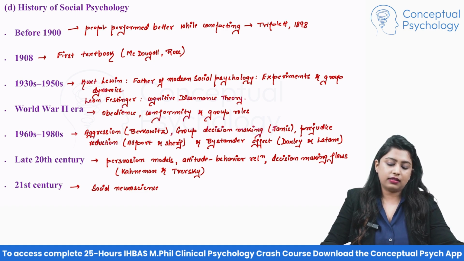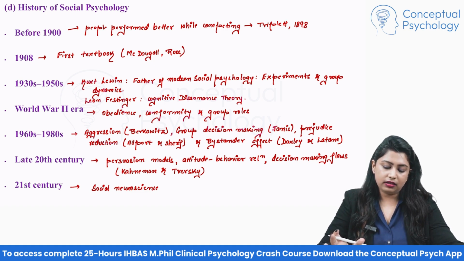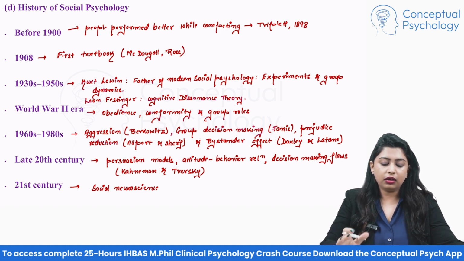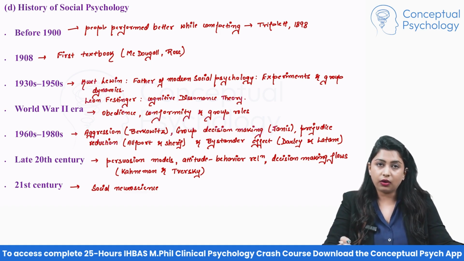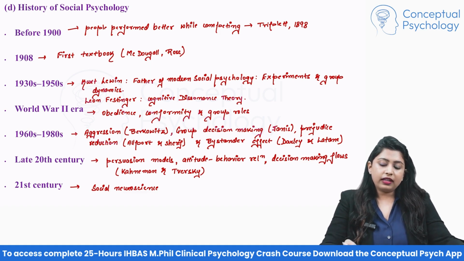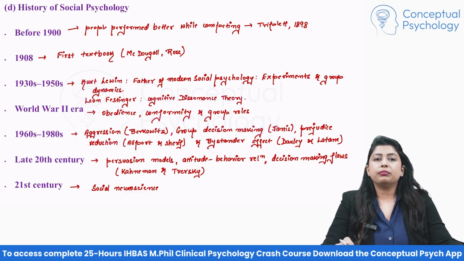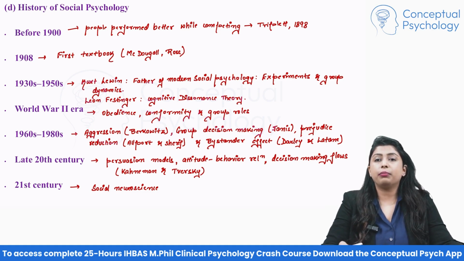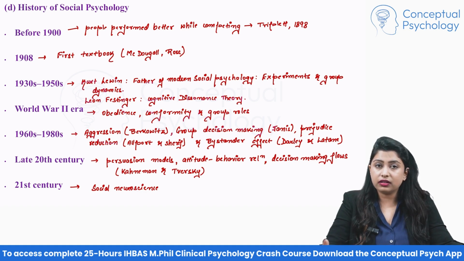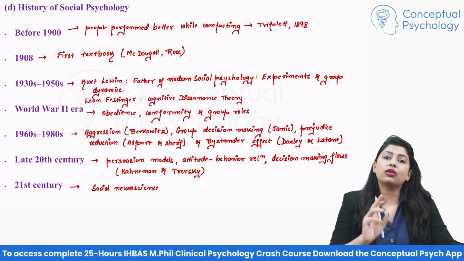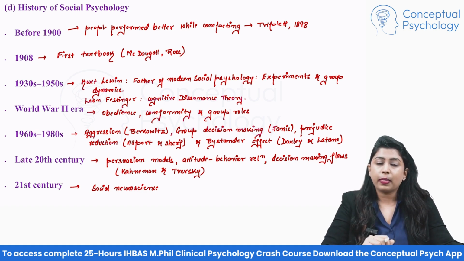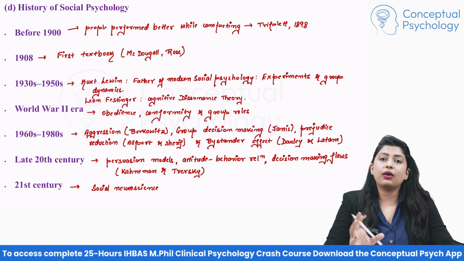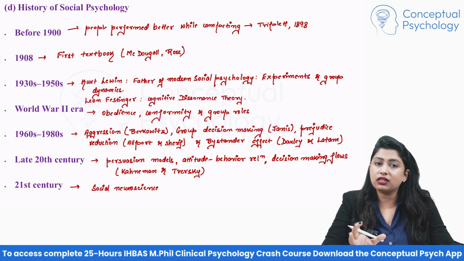So I think that's a very easy and quick way to learn about the history of social psychology. If I give you an example, Milgram's obedience experiment showed that ordinary people could give painful shocks to others just because an authority told them to. This helped explain how Nazi officers justified their atrocities.